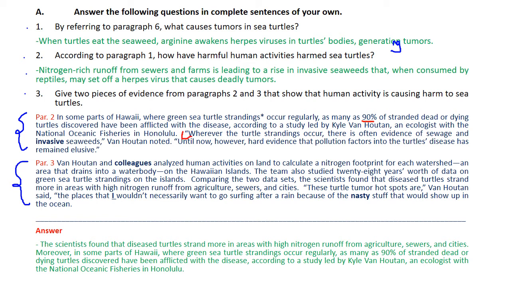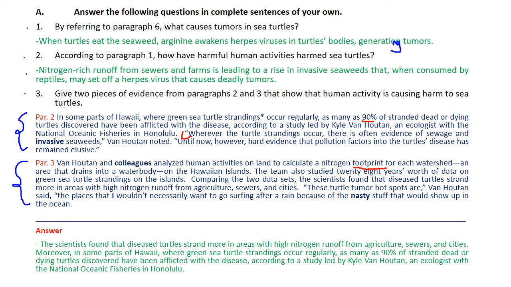Okay, so this could be one piece of evidence that the human activities are what is causing tumors in those turtles. Paragraph 3. Van Houten and colleagues analyzed human activities on land to calculate a nitrogen footprint for each watershed. Footprint means the amount of nitrogen found in an area that drains into a water body on the Hawaiian Islands.